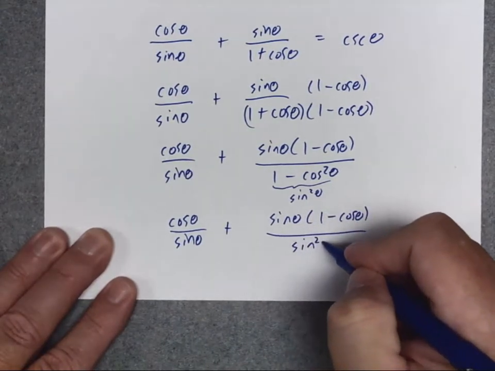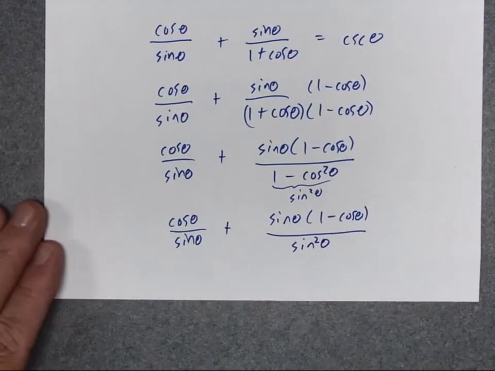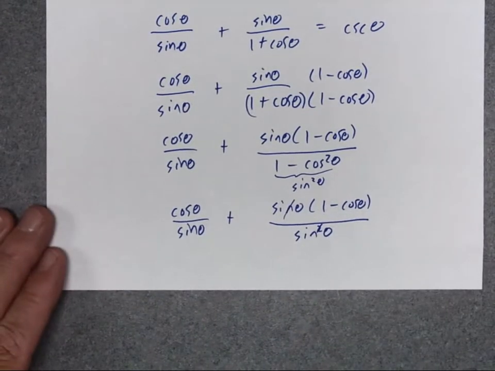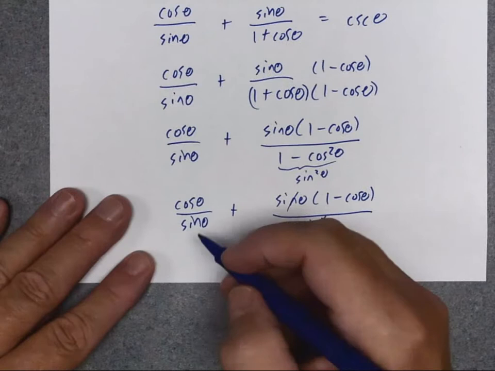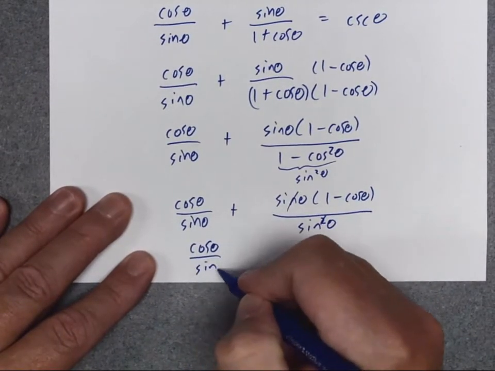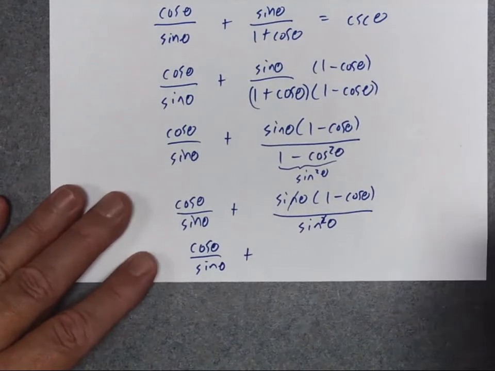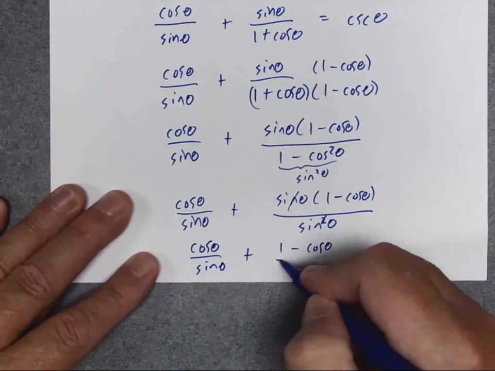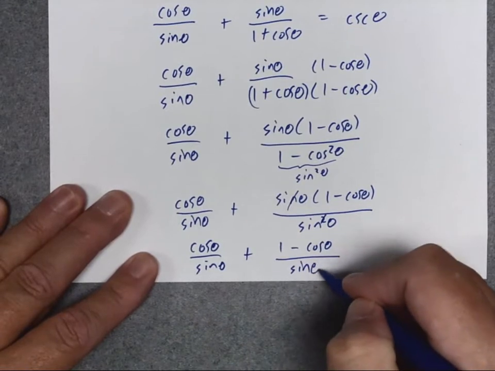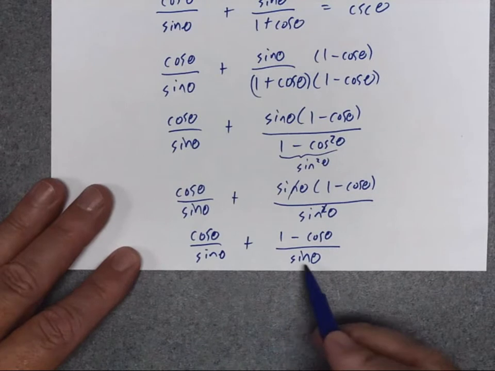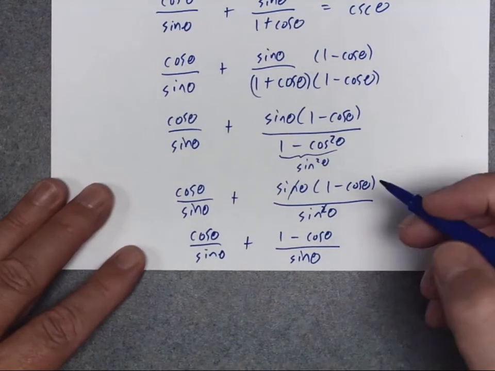And now I notice that this sine and one of these cancels out. So now I have, you can see sometimes these problems take up almost the whole page. And you notice right away, it's nice, I actually have the same denominator here. So I can go and add these two together.